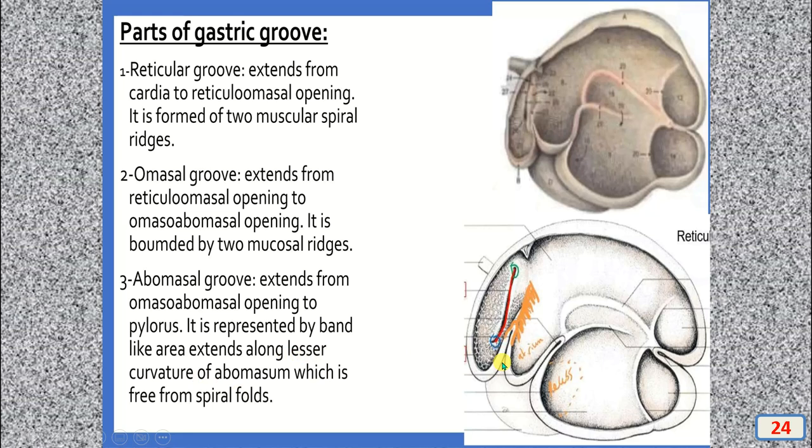The reticular groove extends from the cardia to the reticulo-omasal opening and is formed of two muscular spiral ridges. This has very important functions, especially in ruminants, while swallowing water or milk in a calf. Apart from this, these are all the major anatomical divisions of the stomach in a nutshell and very briefly.